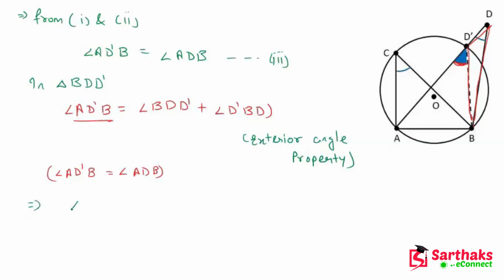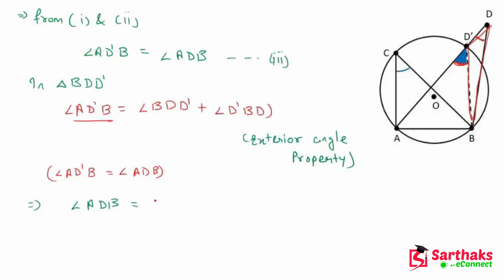So angle ADB is equal to, now this angle BDD dash, we can write as angle ADB, the same thing.